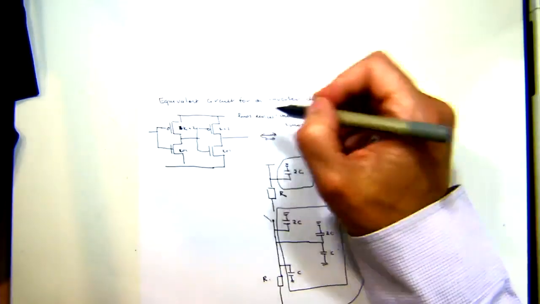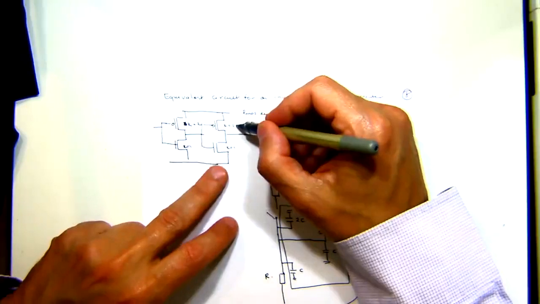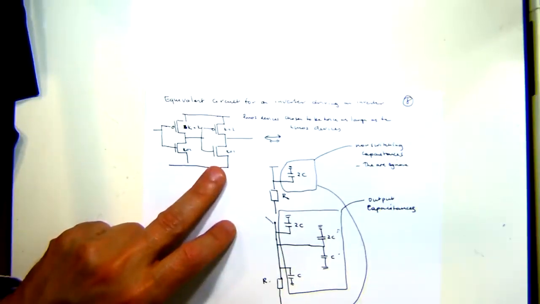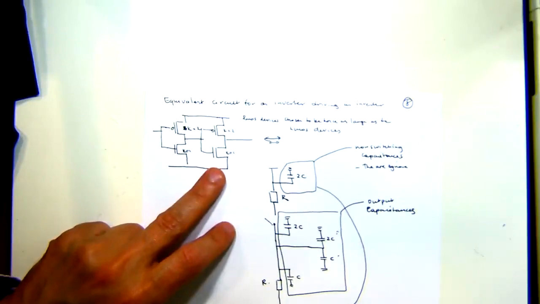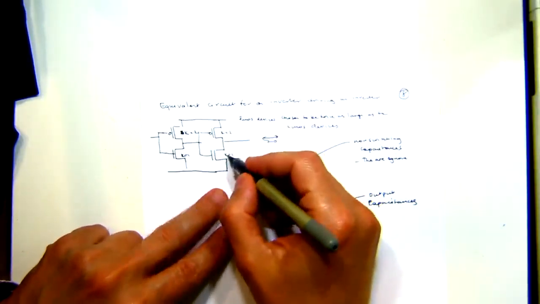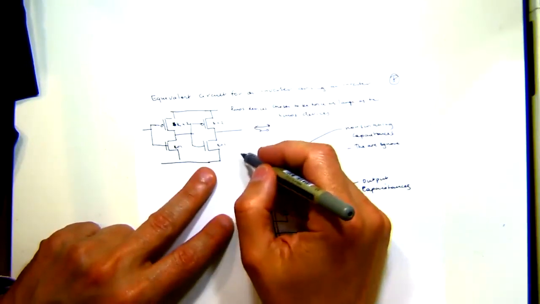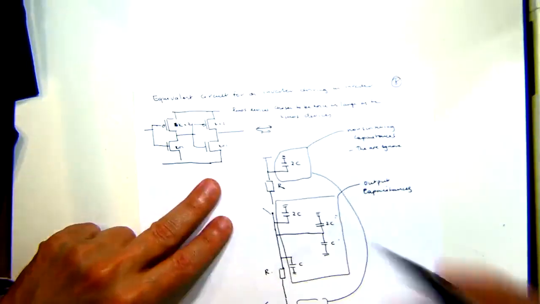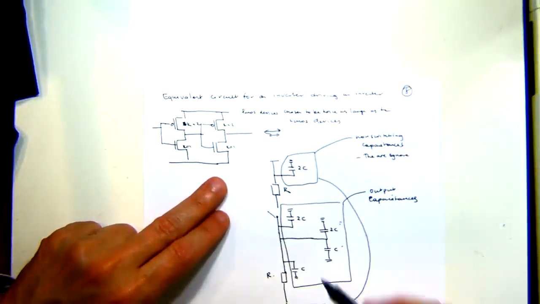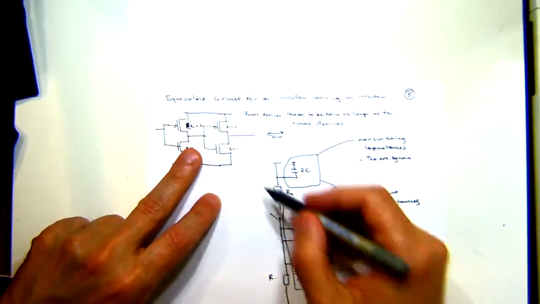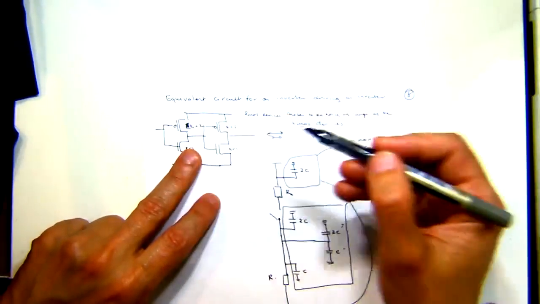Here K equals 2, so the size of the PMOS device is twice as large, whereas the NMOS device I'm making 1x as large. I just wanted to point that out. The resistance is still R because I've made it twice as large.